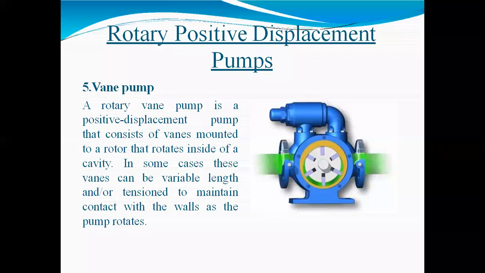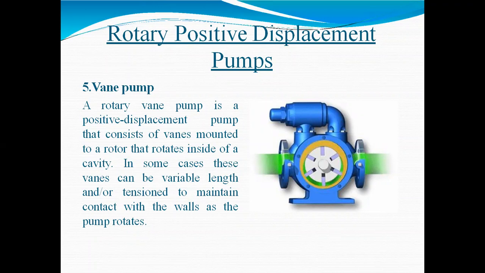The first is the fixed displacement, unbalanced vane pump. What is fixed displacement, unbalanced? Unbalanced means the center point of your casing and the center point of your rotor are coaxial, so we can't change the eccentricity.